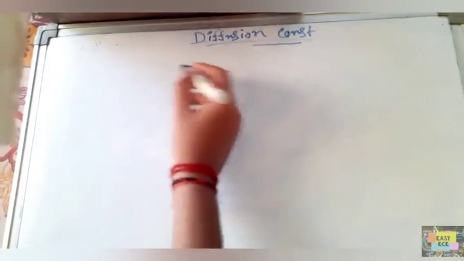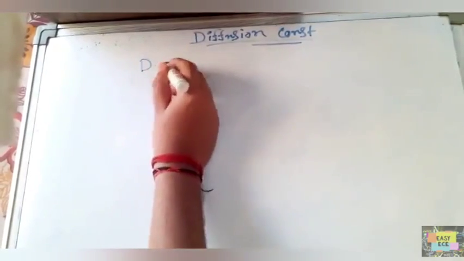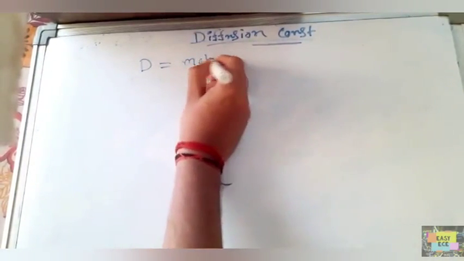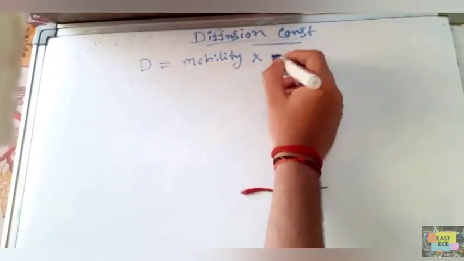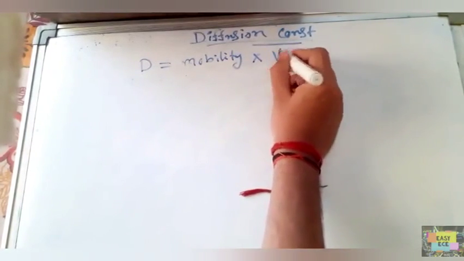Diffusion constant is denoted by D, and the formula is D equals mobility into thermal voltage, that is Vt.